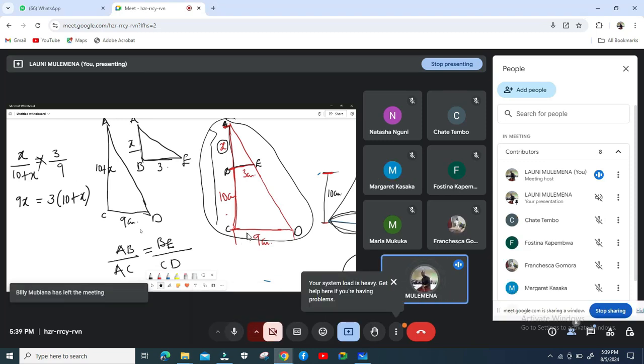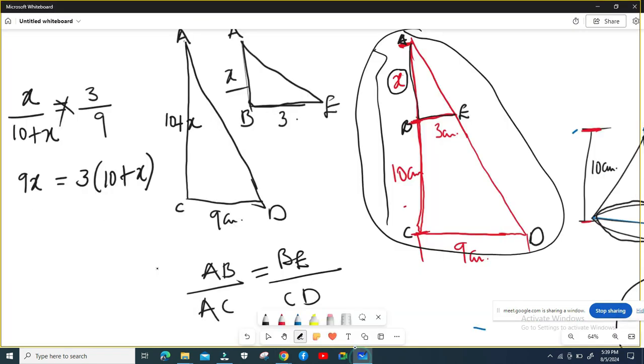Now when we expand, we have 9x equal to 3 times 10, which is 30, plus 3 times x, which is 3x. Then we say 9x minus 3x is equal to 30, because the 3x has crossed the equal sign and becomes negative. 9x minus 3x is 6x, equal to 30.